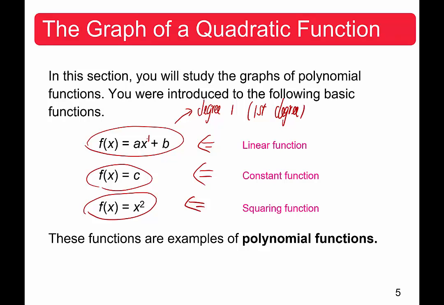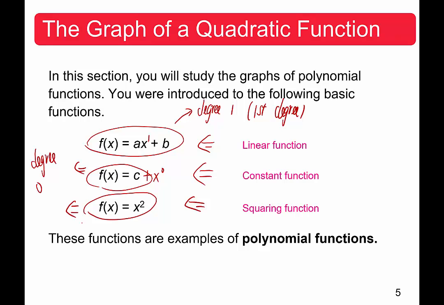So the leading power determines the degree of the polynomial function. And this one is what we call degree 0, because there's no x here, but we can always add x to the 0 power, which becomes 1. So the power is 0, degree 0.